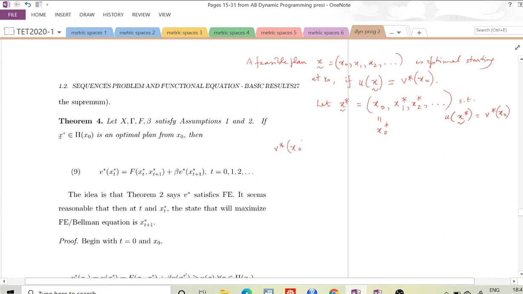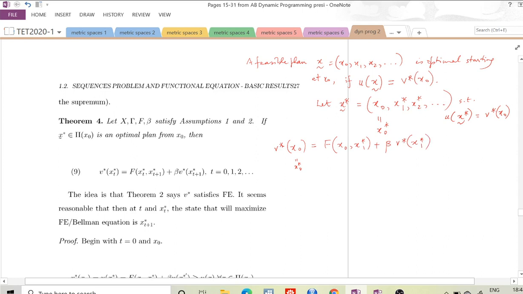Okay, I can call it an x naught, I can call it an x star naught, whatever. Here, this equation is satisfied, that this is equal to f of x naught x star 1 plus beta v star x star 1.